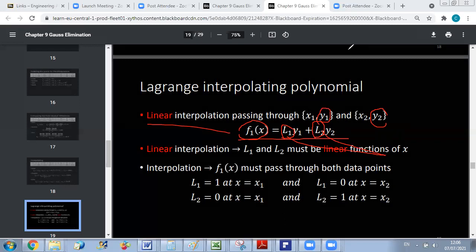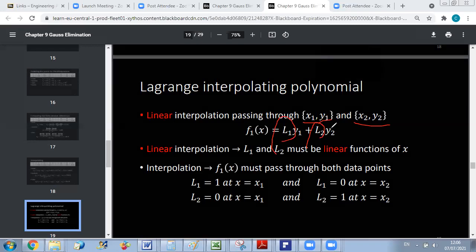So if you have to do a linear interpolation, you just have two data points, and you will need two operators, L1 and L2. Now, how to define these operators? They will be defined according to the definition of the interpolating function. You know that the main condition of the interpolating function is that it should pass through the data points.